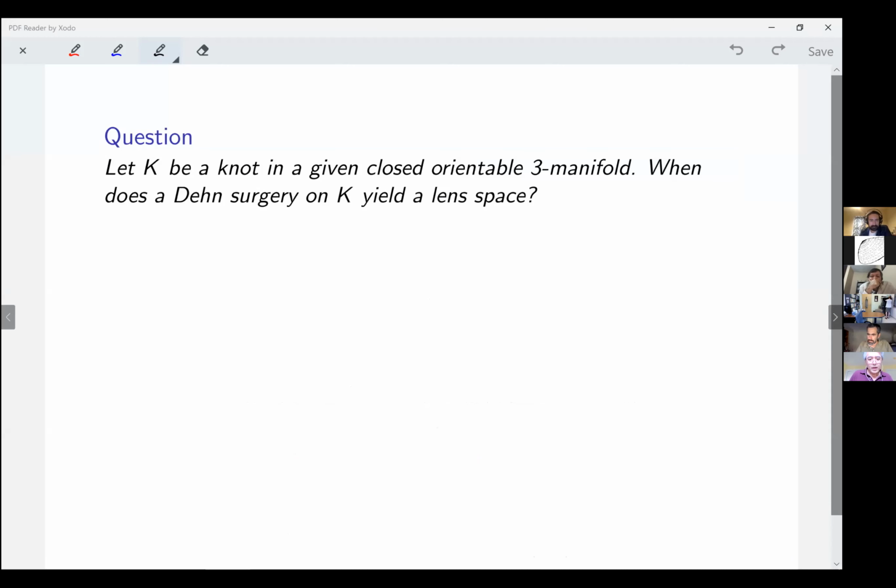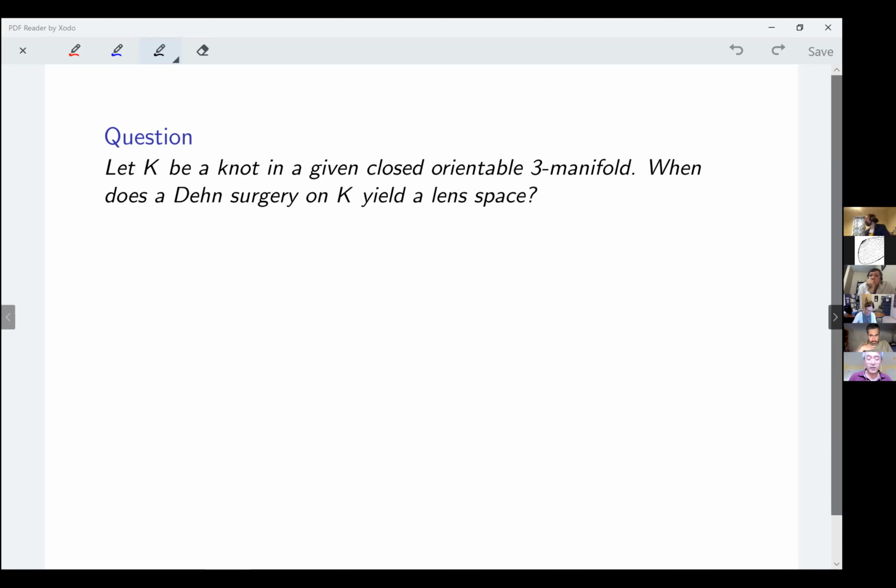Okay, so the question started as a Dehn surgery question. You can ask, if you have any given 3-manifold, what knots can produce a lens space by doing Dehn surgery on it.